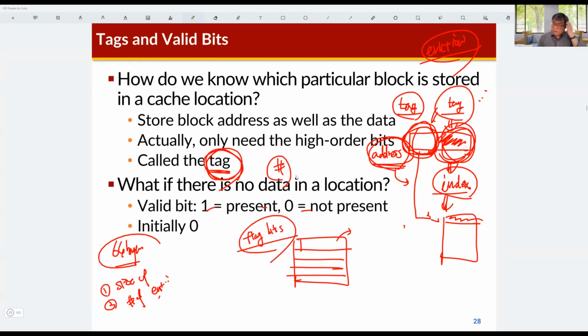The flag represents the status of a certain entry or cache block. We can use this flag bit as the valid bit. If the cache entry is occupied by valid data, then this bit becomes 1. If not, the entry is empty, and the valid bit becomes 0.